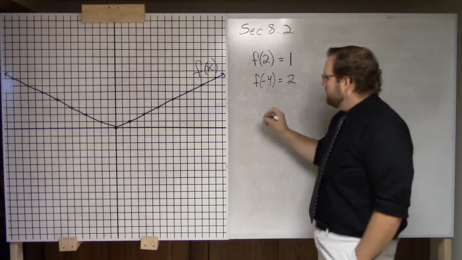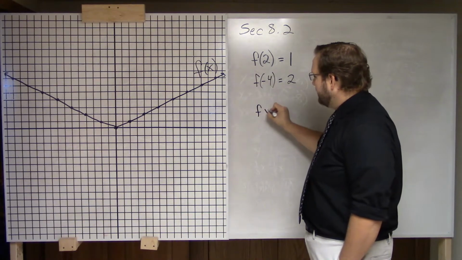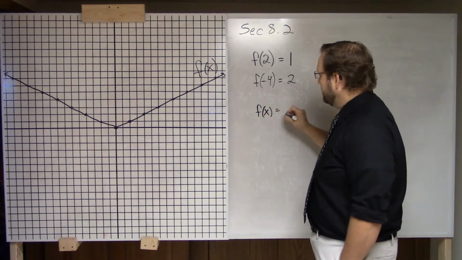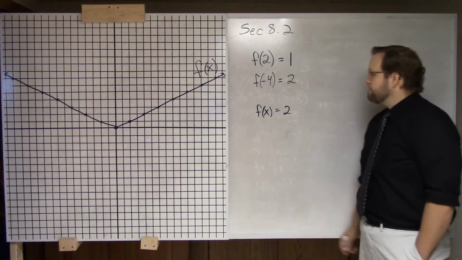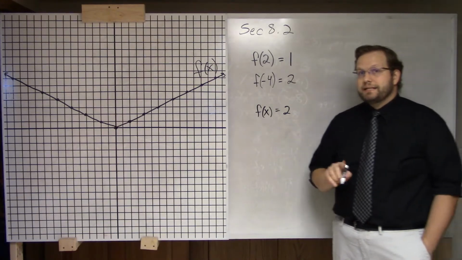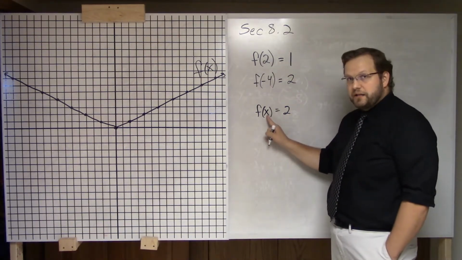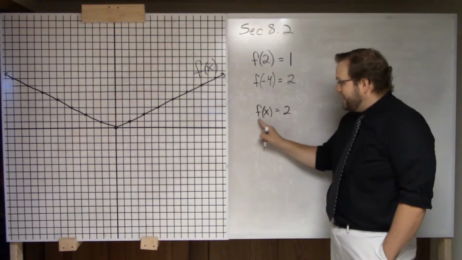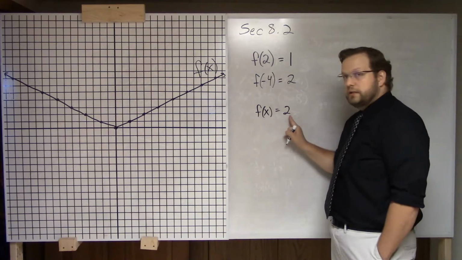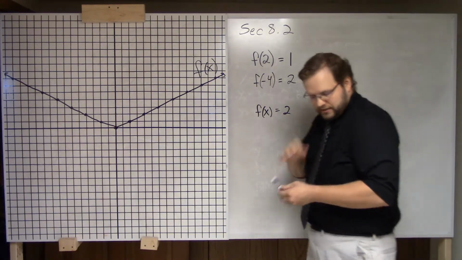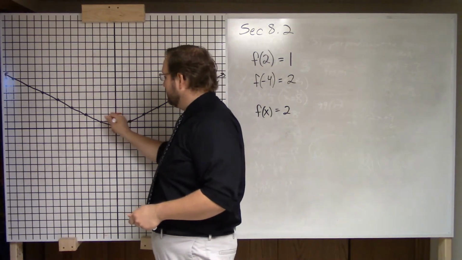How about we go with something like this? Let's say we have f of x equaling 2. Now, what they're asking here is a little different. They're saying that the x value is unknown, but the y value is a 2. If the y value is a 2, that brings us to this level right here.